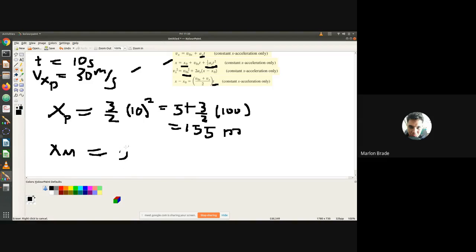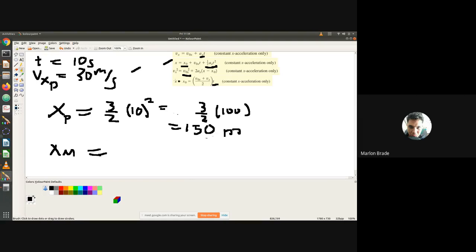The school crossing corner is 0. Therefore the x naught is 0, so this is only 150 meters.